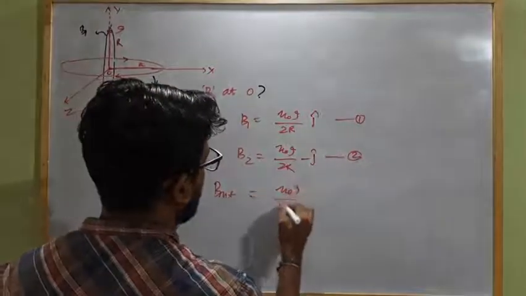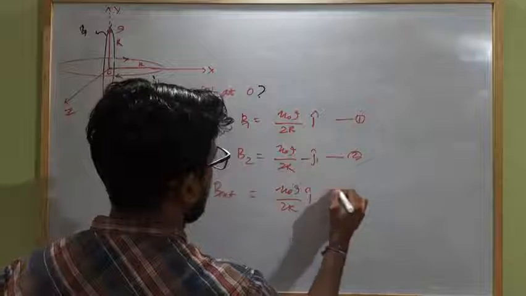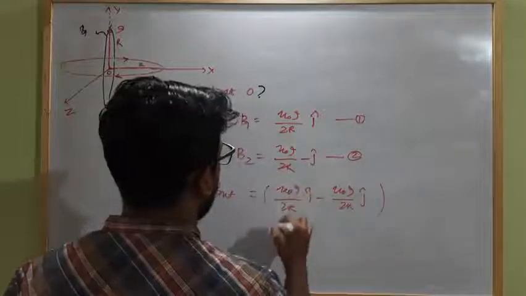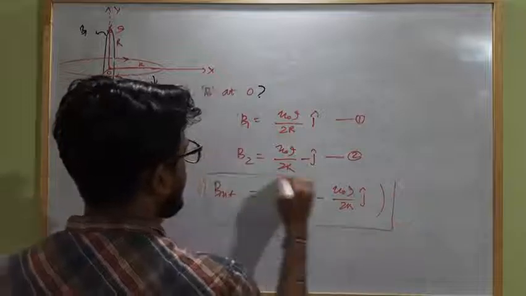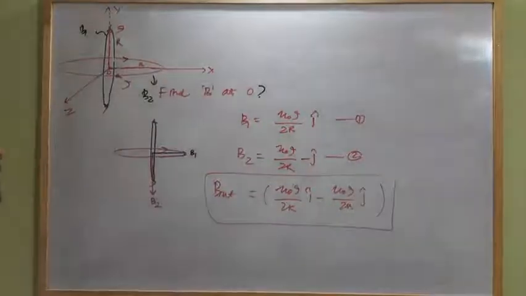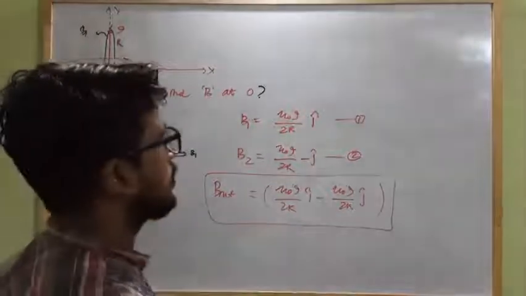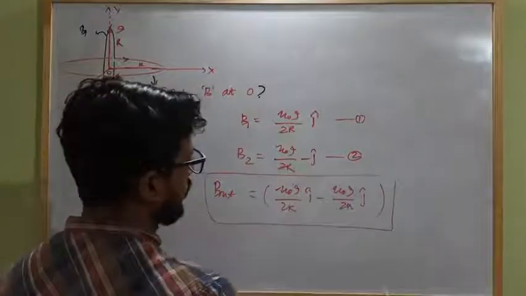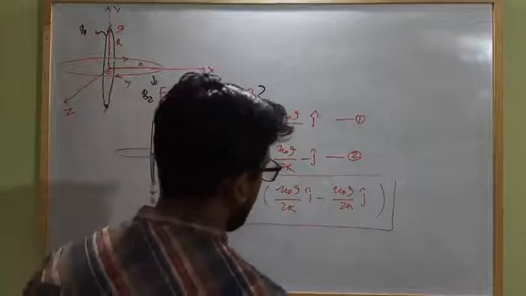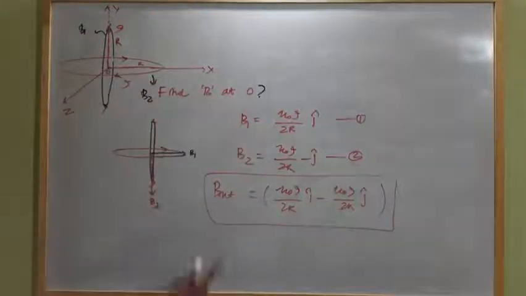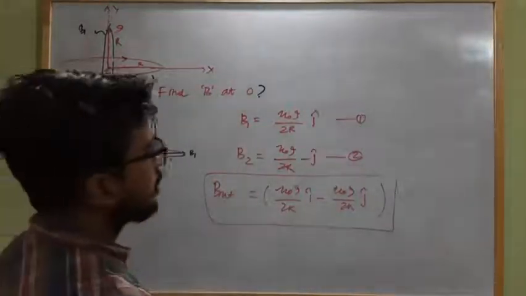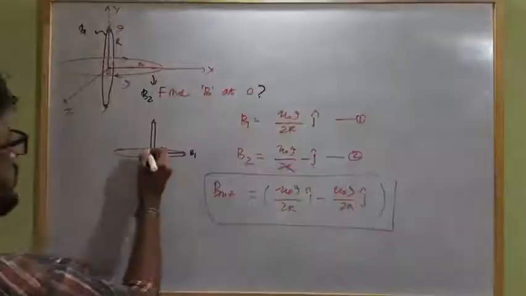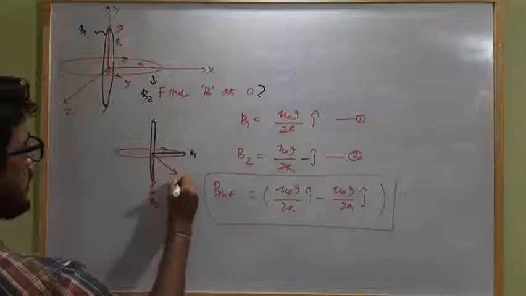Mu naught I by 2R i cap minus mu naught I by 2R j cap, and its magnitude you can calculate, or the direction you can calculate according to the vector rule. Magnitude will be this square plus this square, under root. Okay, clear? It will be root 2 mu naught I by 2R, and the direction will be along this direction, B net.